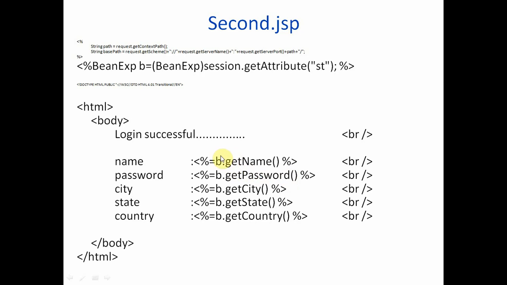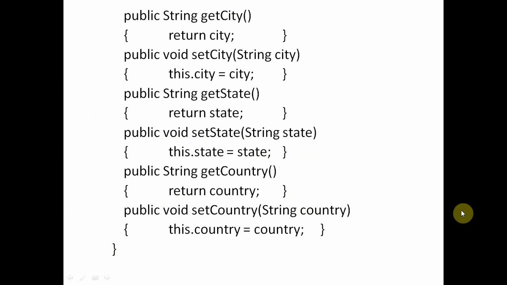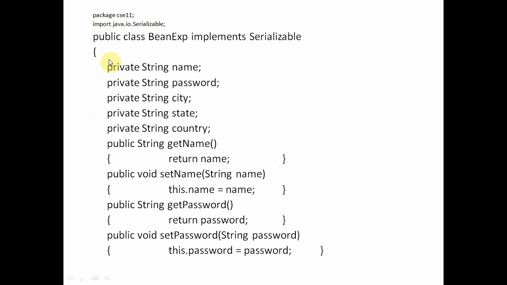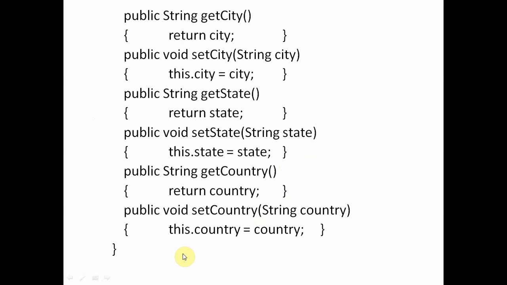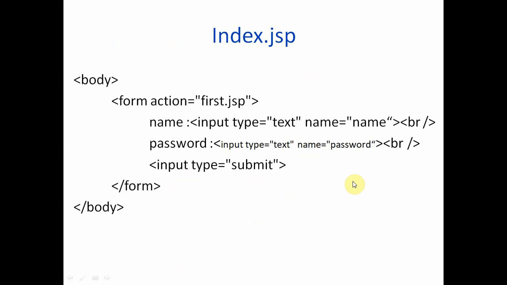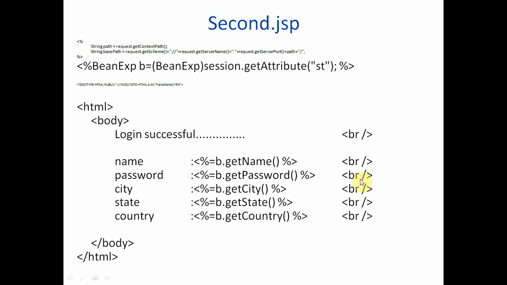We have to display on second.jsp, so we will write the getName function, and getPassword, getCity, getState, getCountry, and you can see these functions are defined in the bean example class, public class bean example. We have getName, getPassword, accordingly getCity, getState, getCountry.